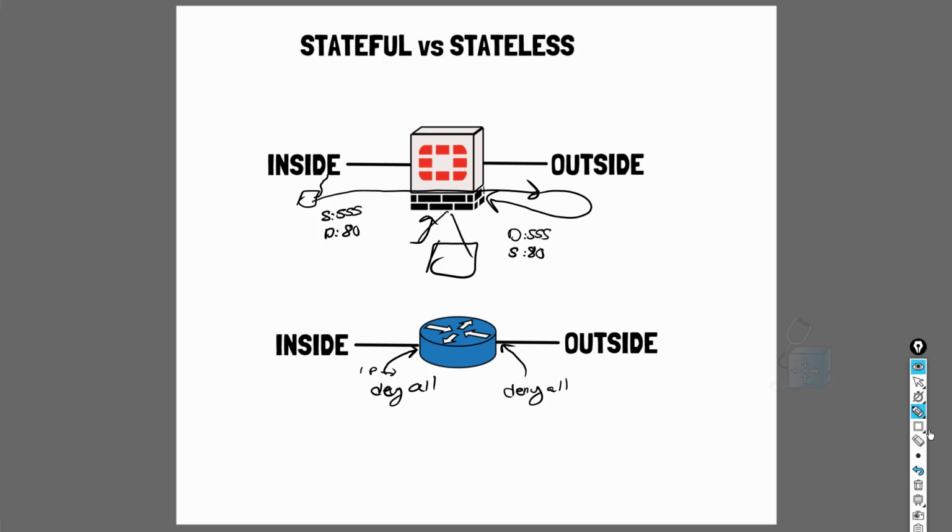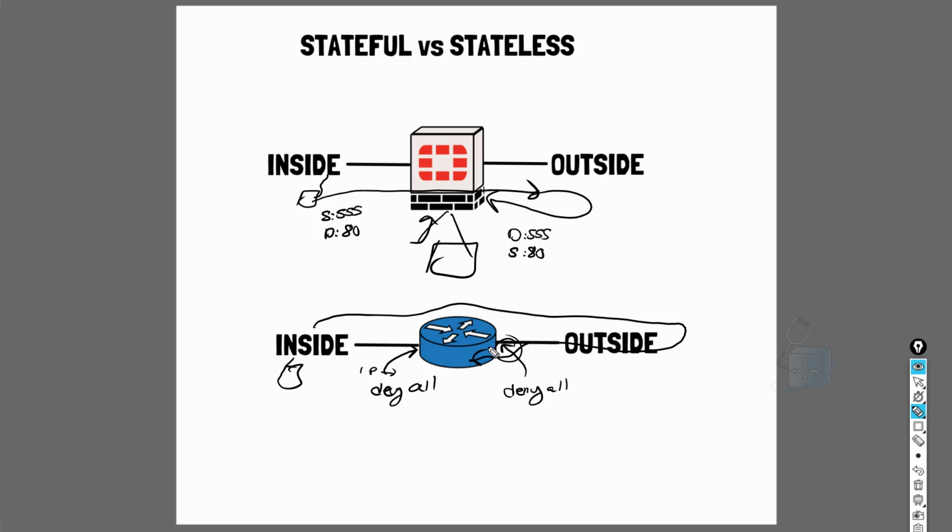If that is the case, what will happen? Let's say the user is sitting here and it wants to go to a specific server on port 80. It'll go outside here, and the return traffic will be dropped here because you have a deny all here. Okay, so you will have to explicitly permit the traffic coming back in.